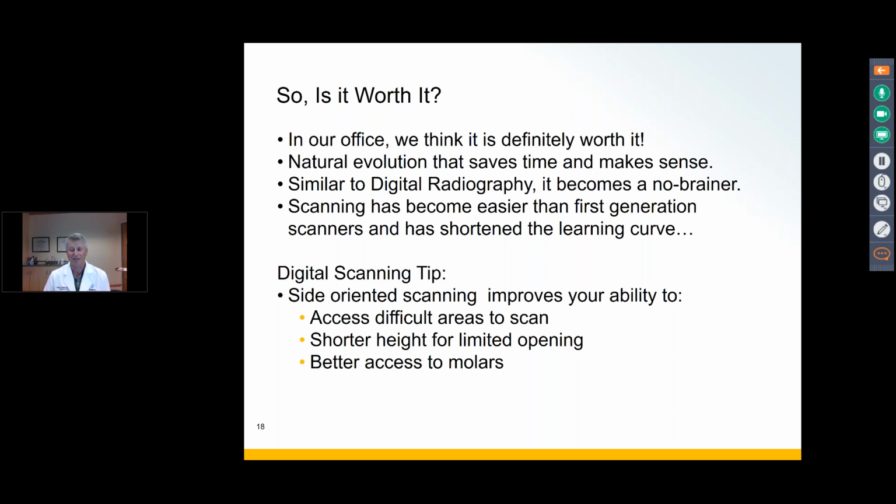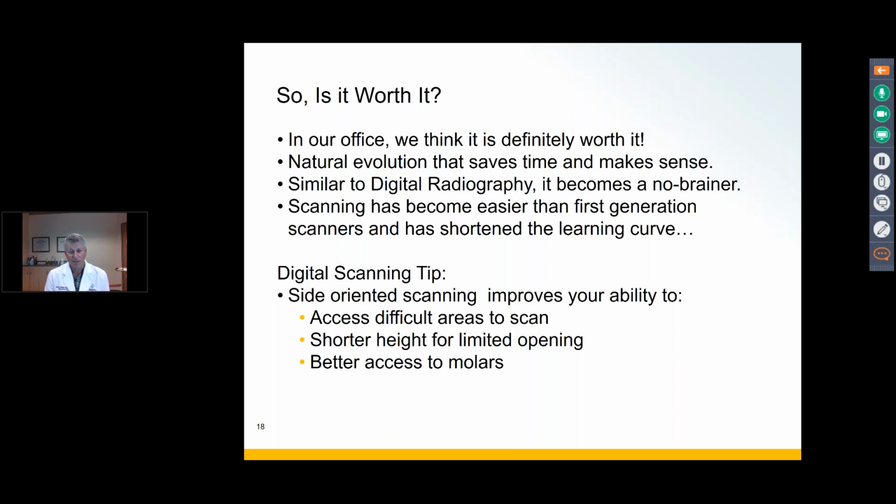And you could take a radiography scan or an image, and then you could instantly upload it into your workflow. That is a time saver. So something that saves the patient time, saves you chair time, and we're all winners there. So it's obviously much better than the first generation. The learning curve is shortened.